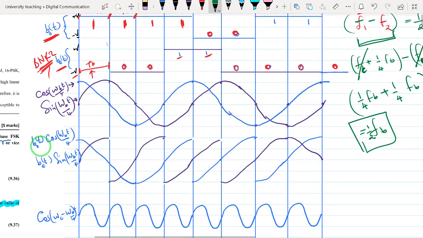So what we are doing here is generating two waves, one with this frequency and the other 90 degrees apart, or phase shifted, so that we end up with two waves that are orthogonal, or 90 degrees out of phase. One of them is a carrier or shift frequency of omega B over 4, and omega B is simply 2 pi FB, divided by 4.